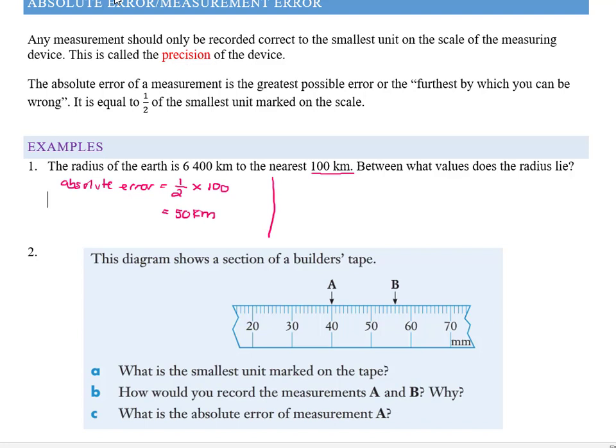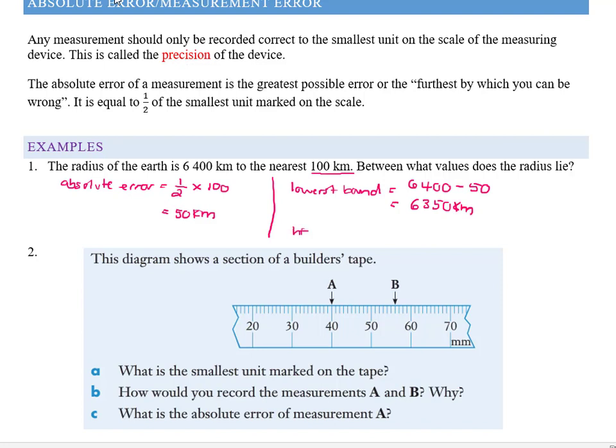What could the radius of the Earth be? The lowest bound is the 6,400 that I measured, minus 50 kilometres, which gives 6,350 kilometres. That's the lowest boundary.